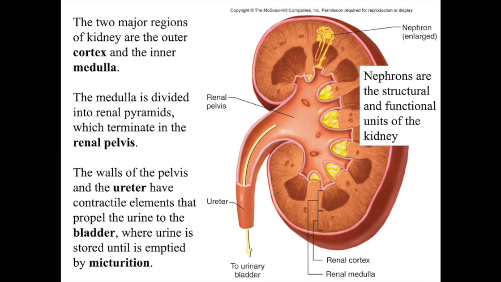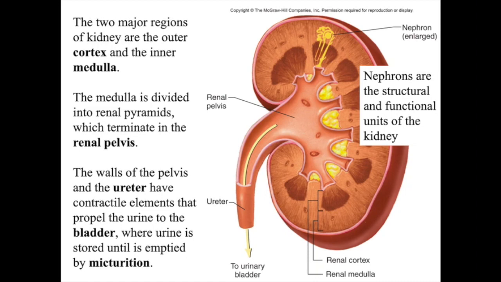So let's look at the structure of a kidney. When you look at a kidney cut like this, you see that the kidney, like many organs, has a cortex and a medulla. In the medulla, you can see some pyramidal structures, which are called the renal pyramids.